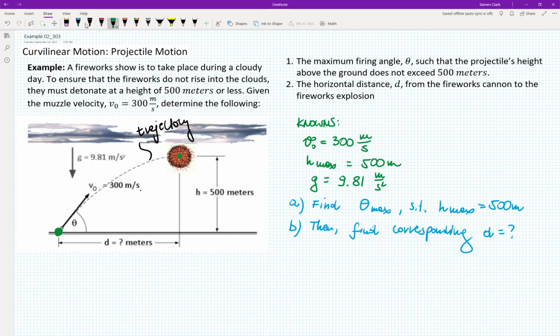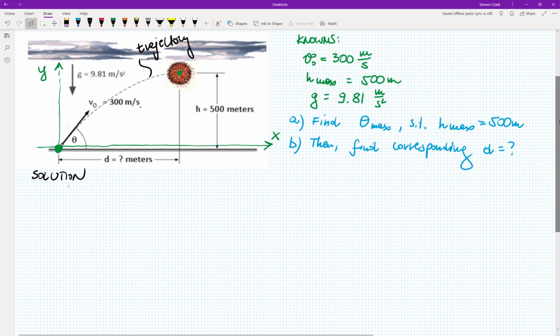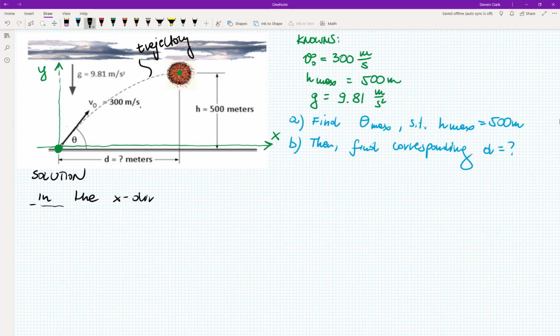I will put our coordinate system here. So this is our X. This is our Y. You can see that our particle again starts from the origin. Solution in the x direction, or if you want, you can start from the y direction, if you would like to.